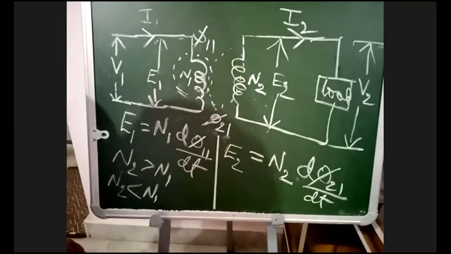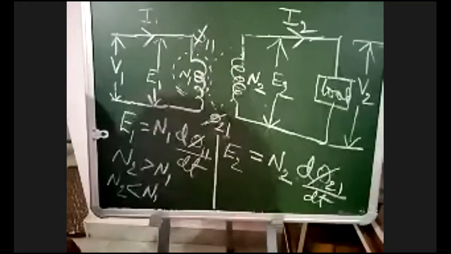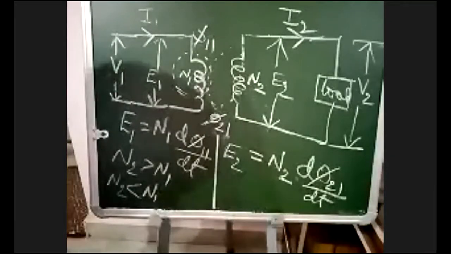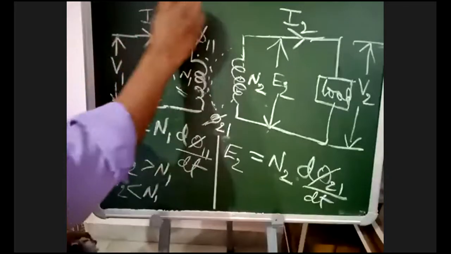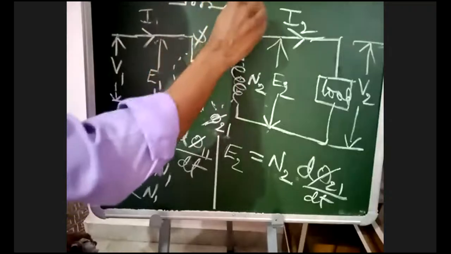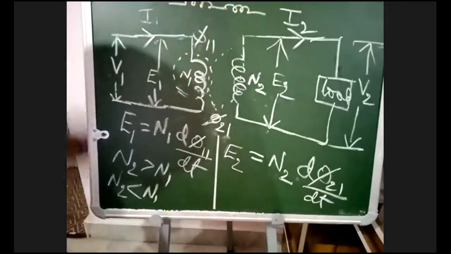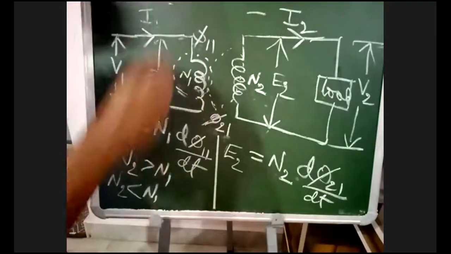Why is it called mutual induction? Why is it not mutual conduction? We can also use mutual conduction, but they are not in contact now, sir. If there is contact between the two coils, see here. Suppose I take two coils here.